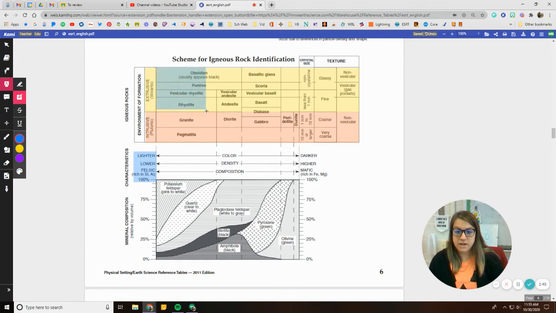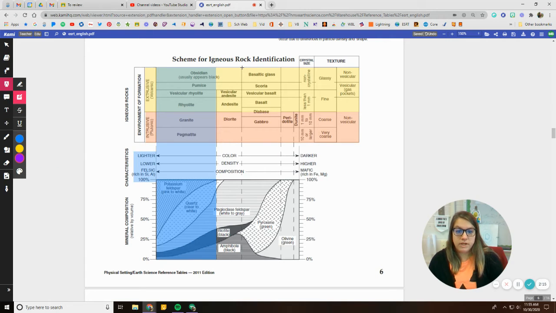So these rocks right here in this section vertically, obsidian, pumice, vesicular rhyolite, granite, and pegmatite, are all going to be light in color, low in density, and felsic in composition. They also are going to include these minerals as well. Okay, so they're going to have potassium feldspar, quartz, some plagioclase feldspar, some biotite, and some amphibole.